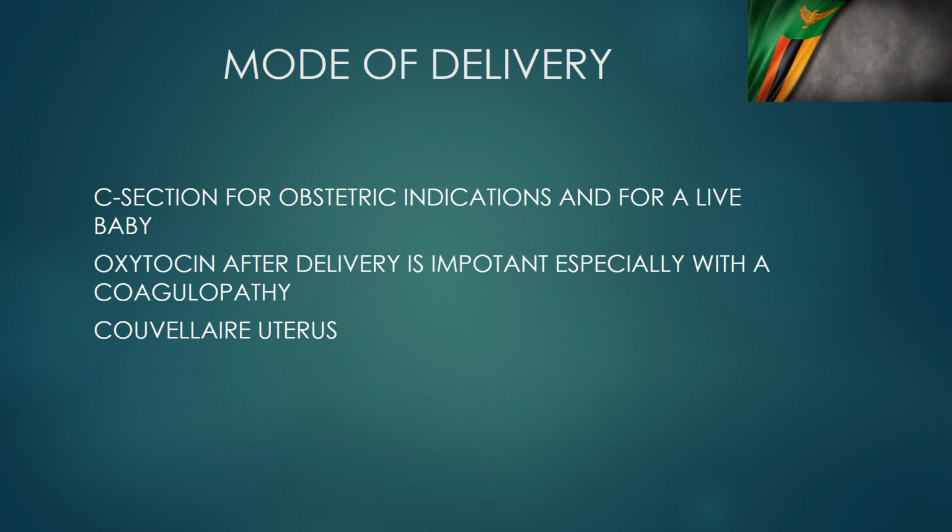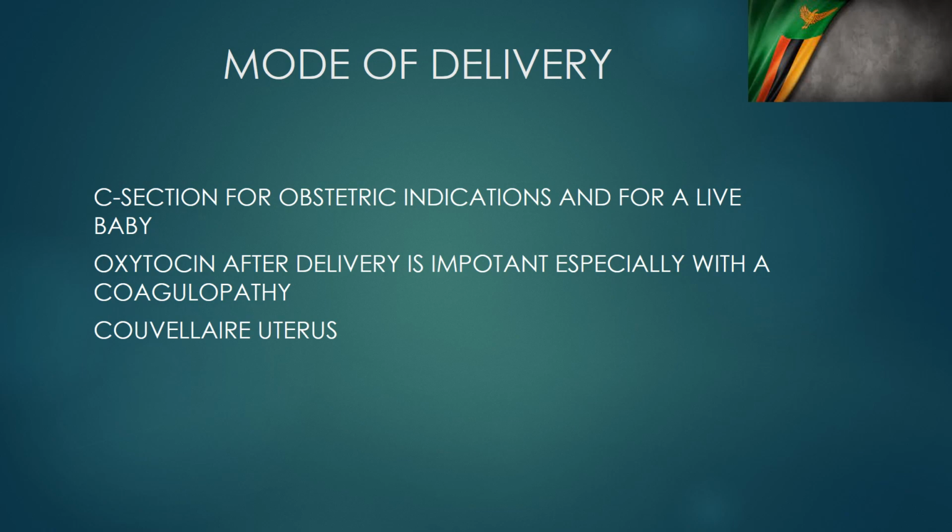The mother is properly resuscitated, her coagulopathy is corrected before we induce labor or before we take the patient for cesarean section, depending on the clinical situation. So that is very important to remember, not to compromise the mother, not to be in a hurry to deliver when the mother is compromised and the baby is already dead. So we optimize the mother before we deliver.